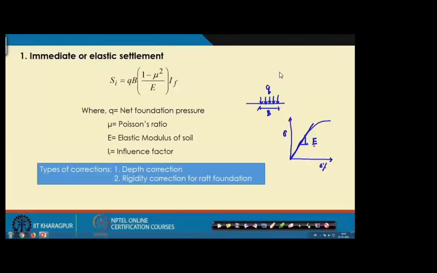The rigidity correction is that if you are designing an isolated footing, then that is a flexible kind of foundation. If you are designing a raft foundation, which is a rigid kind of foundation, you have to apply a rigidity correction. So for immediate settlement you have to apply two corrections, one is the depth correction, another is the rigidity correction.